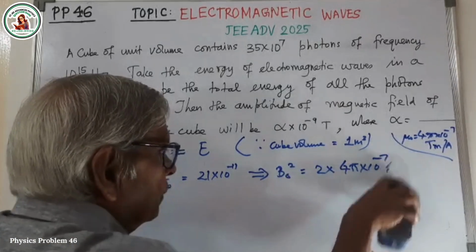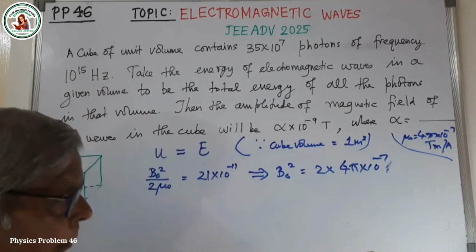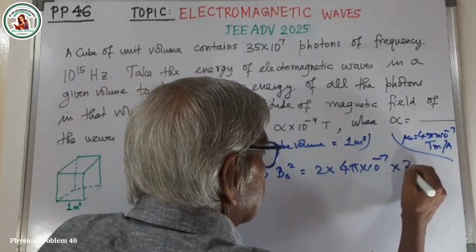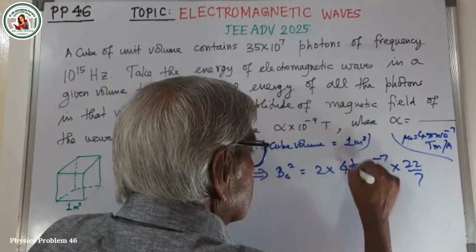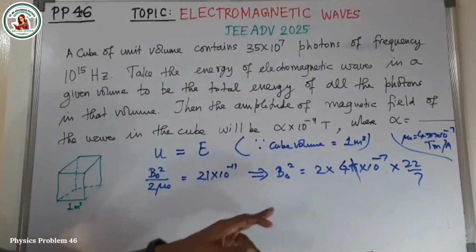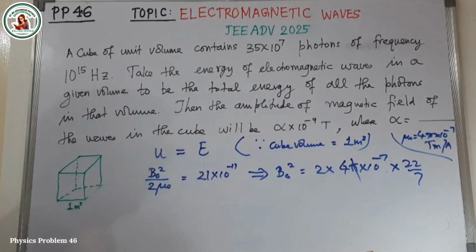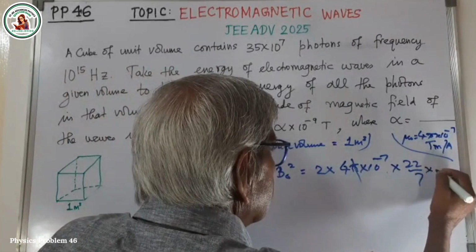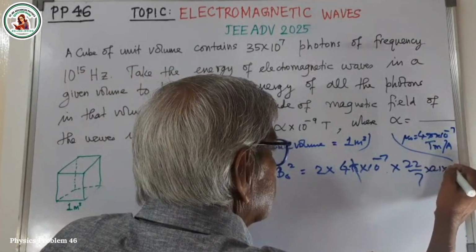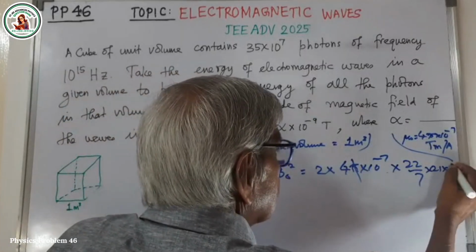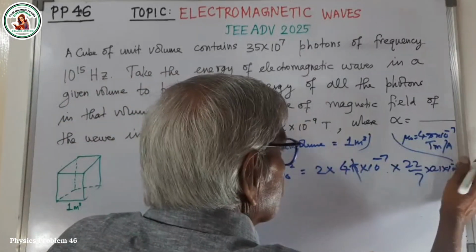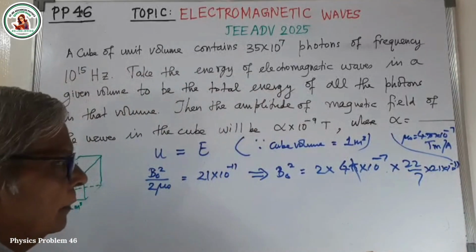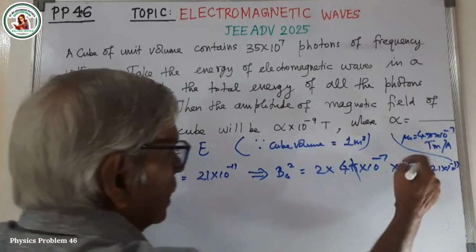So this you have to simplify. Pi equals 22 by 7, because that is the given value in the question. That will give us, into 2 into 21 times 10 minus 11. Because 7 and 21 are divisible, we get 3 times, and so on.